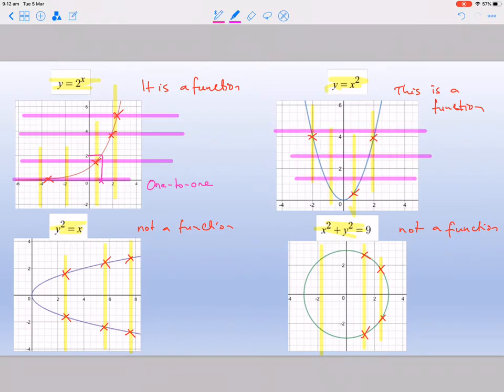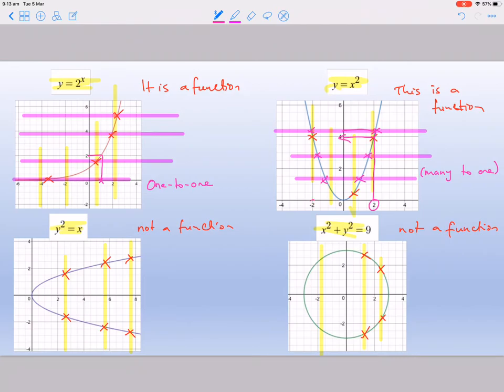Now the next one fails the horizontal line test because see how it crosses twice? So we call this many to 1. Say I got the number 2, I go up to the top and I get a value, which should be 4.